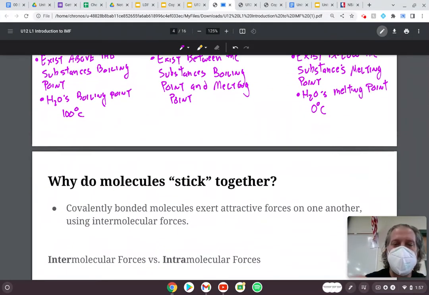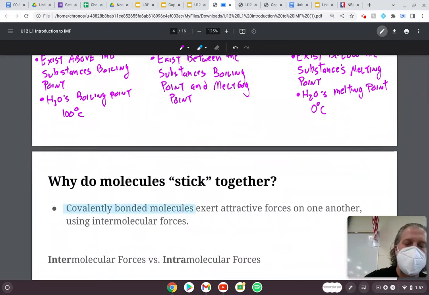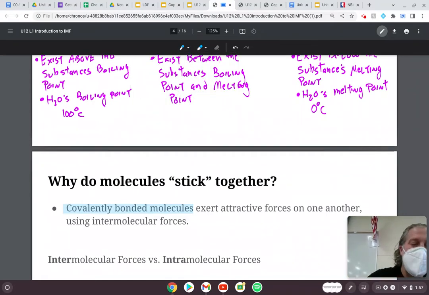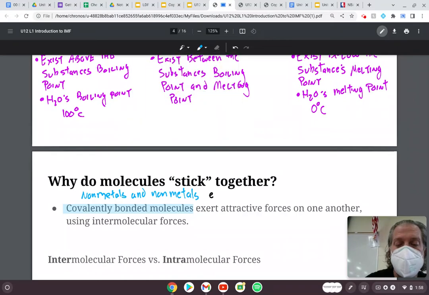Molecules tend to stick together because they are covalently bonded molecules. To refresh your memory, covalent molecules are made up of nonmetals and nonmetals, and in covalent bonds, electrons are shared.